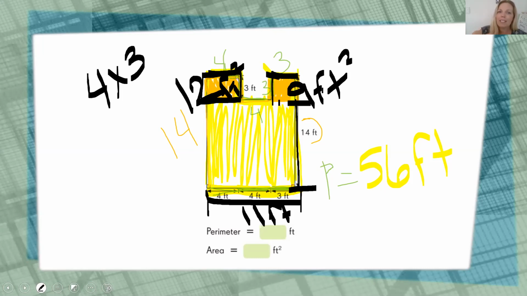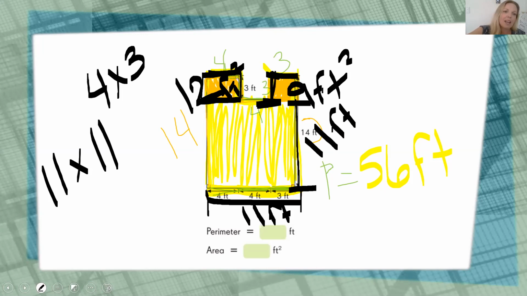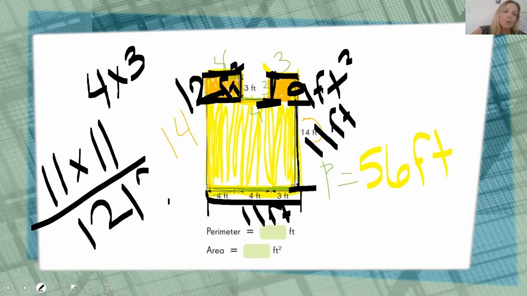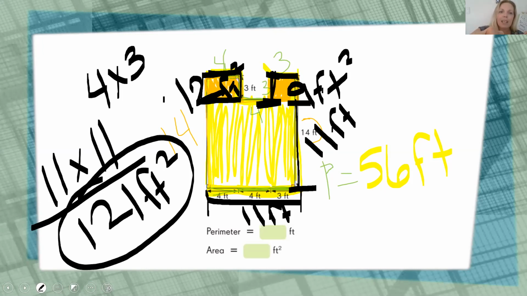I do 14 minus this portion here, which was 3. 14 minus 3 means that this is 11. Guess what? This is a square too. So to solve for the yellow square, it would be 11 times 11, which gives me 121 square feet.